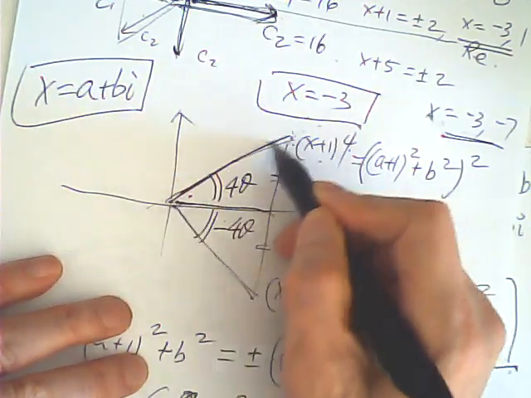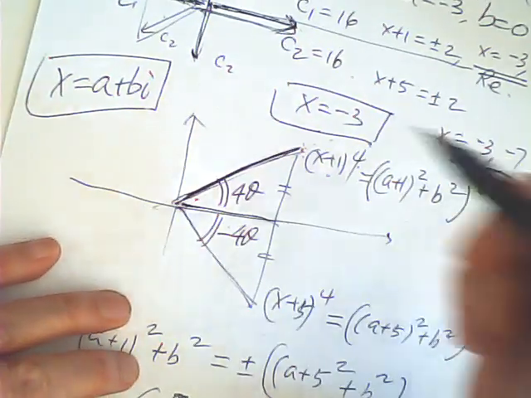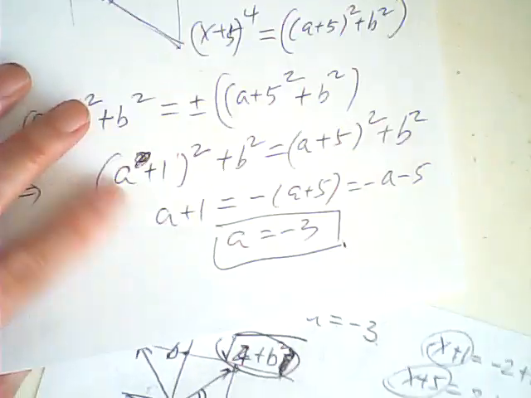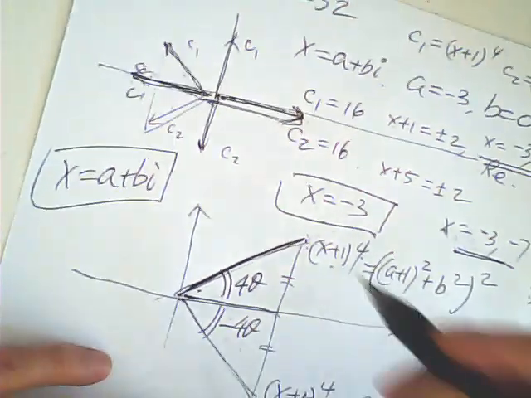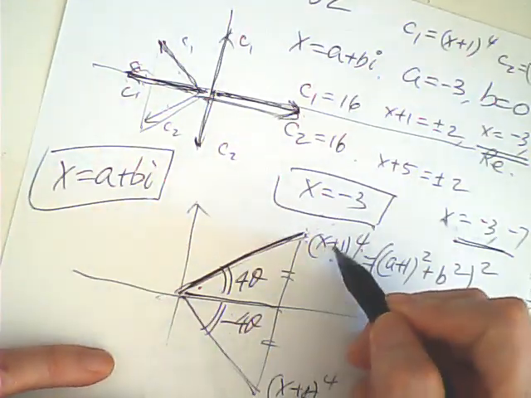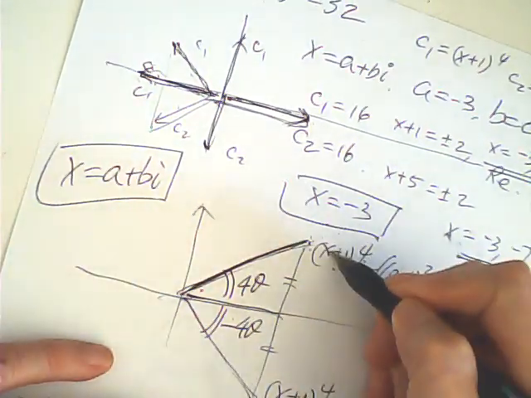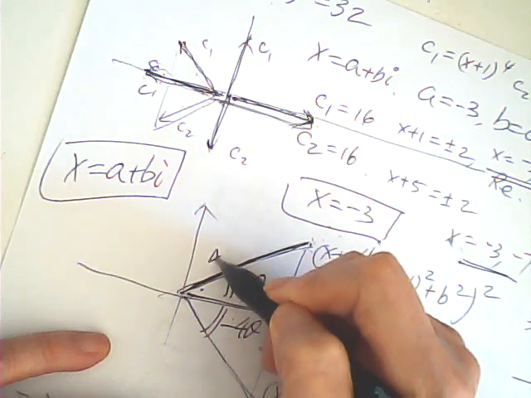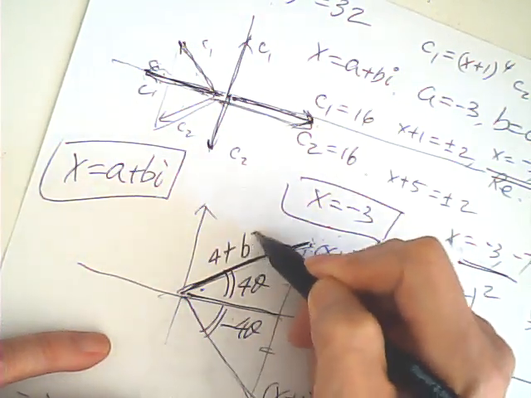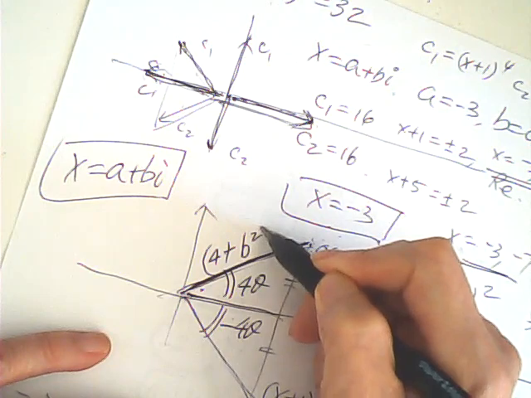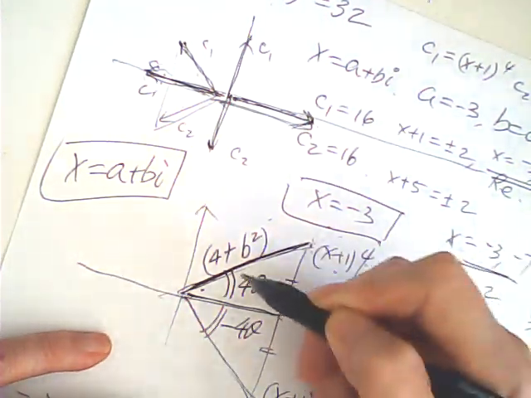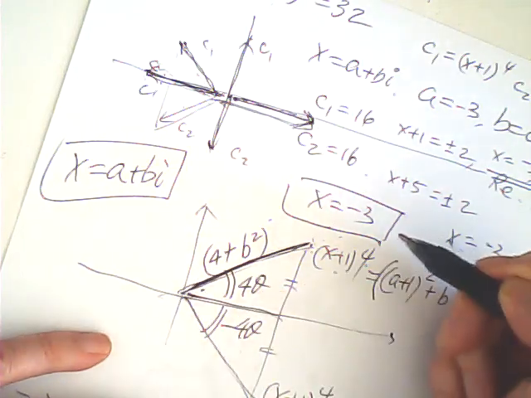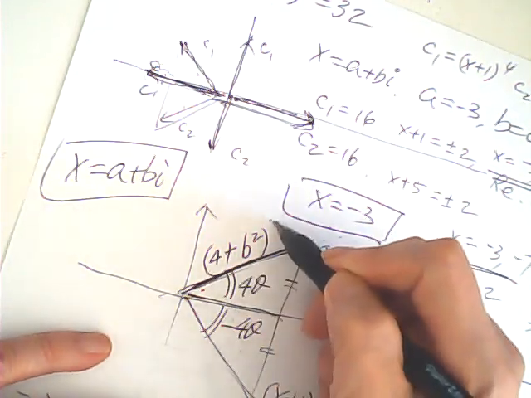This length is equal to, well, we know that a is equal to minus 3, right? So this one is equal to 4 plus bi to the fourth power.